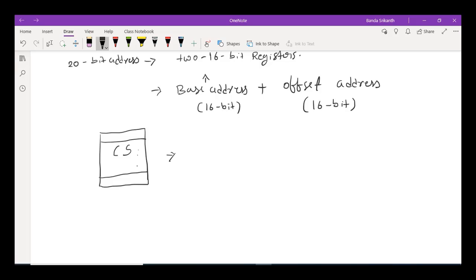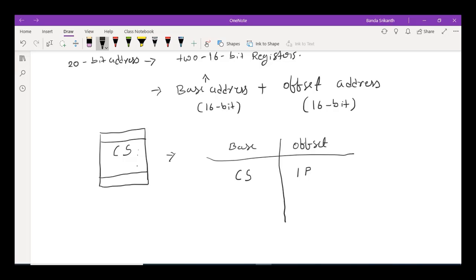The base address will be taken from the code segment register and the offset address will be taken from the instruction pointer by default.